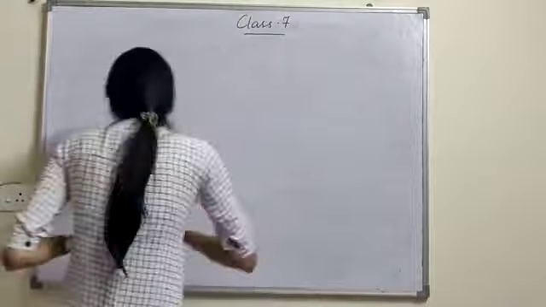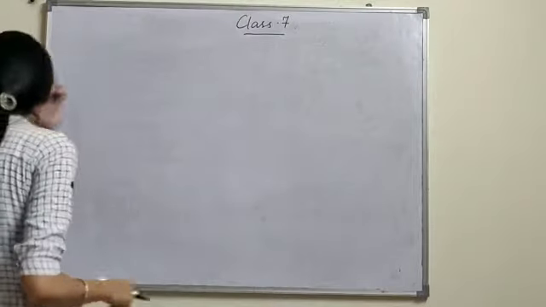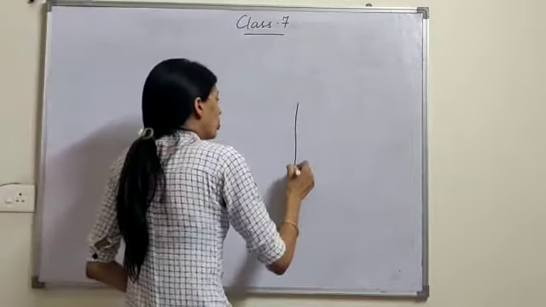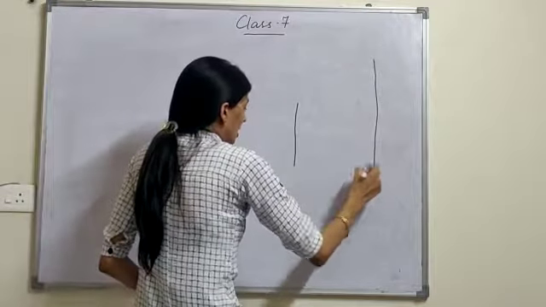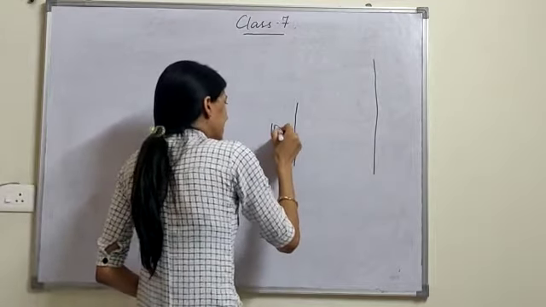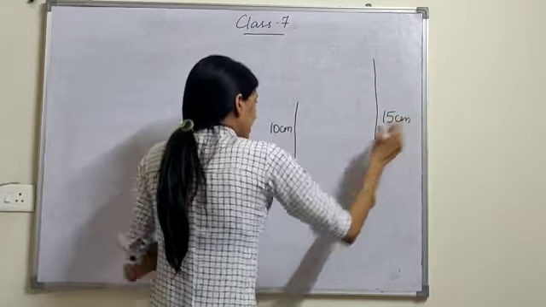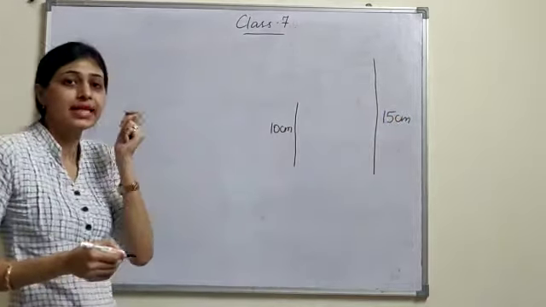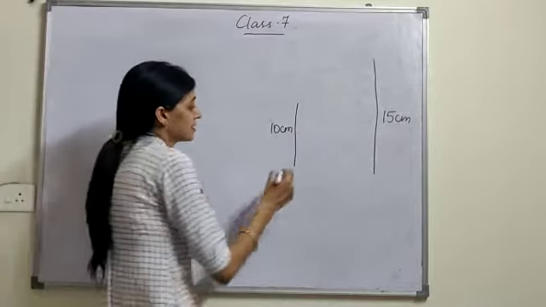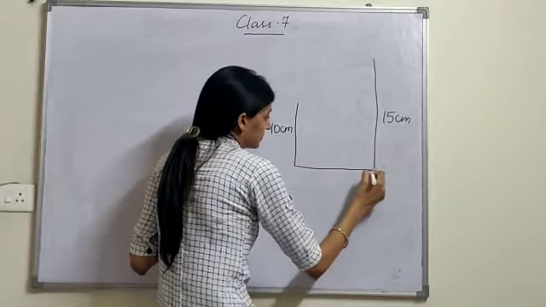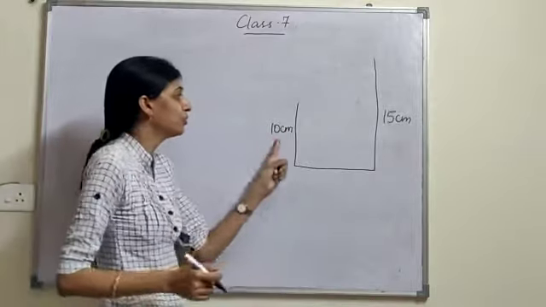Suppose you are given two poles of length 10 centimeter and 15 centimeter standing on the same base. This is the base. These are the two poles.